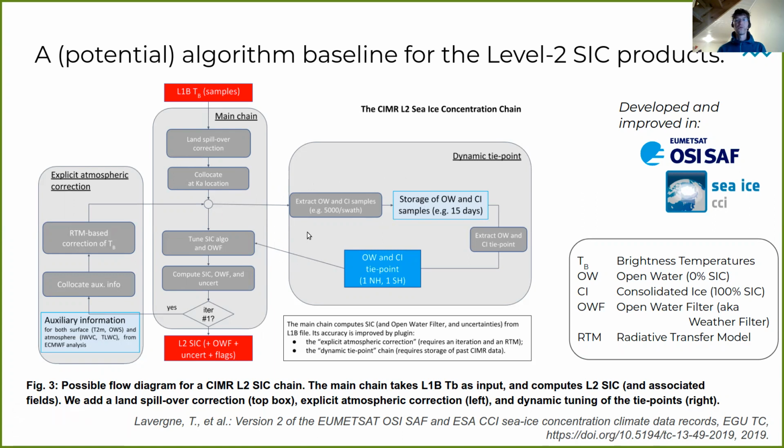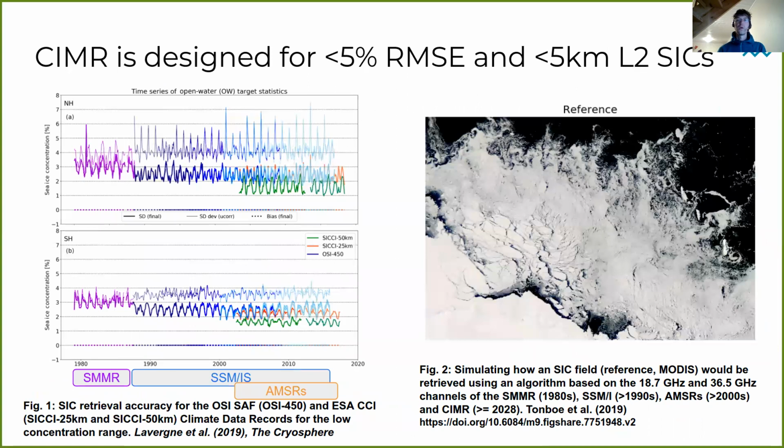And this is really useful because then we are less sensitive to the absolute calibration of the mission, but also we pick up the variation of the sea ice emissivity, for example, at the beginning of the melt season. If you want to know more about the algorithms, you can take a look at our paper at EGU, The Cryosphere in 2019.